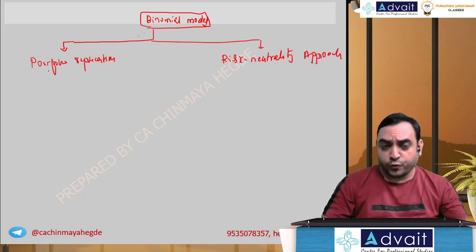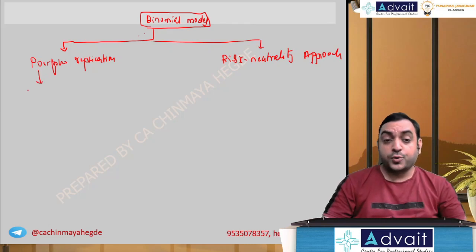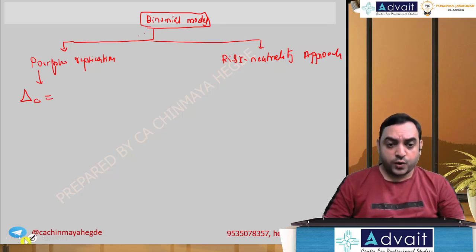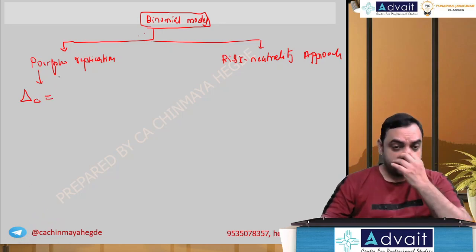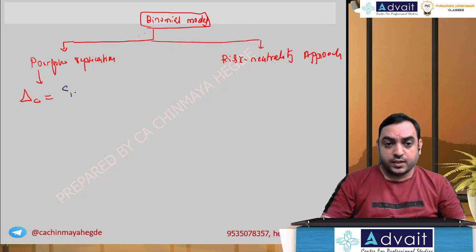In the portfolio replication approach, we always compute delta of call, or you can compute delta of put, but I'll do delta of call. Delta of call is given by C1 minus C2 by S1 minus S2.